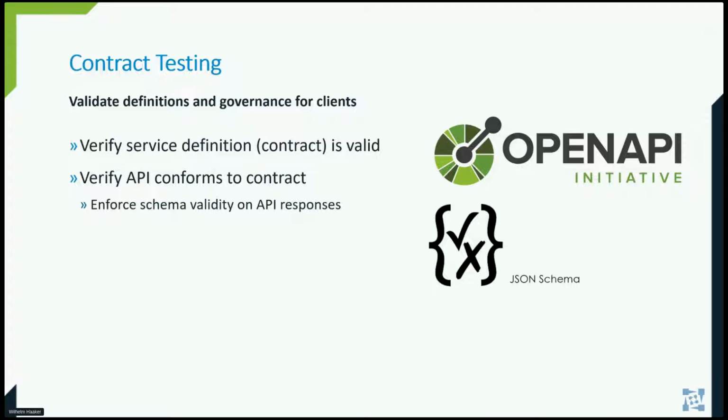And so your API testing framework should have support built in to catch these instances where your API is returning a response that might deviate from the service definition. You can think of it like this, right? A car is made up of thousands of individual parts that all need to fit together perfectly.